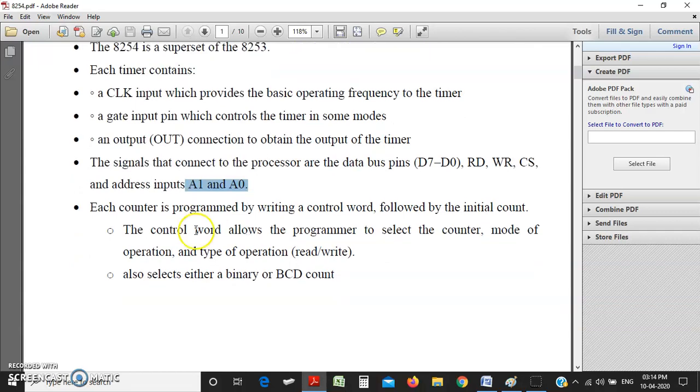And each counter can be programmed according to the control word, which is written by the microprocessor into its control register. So here the control word will tell which type of operation this timer IC will do, which counter will be selected from the 3 counters, or whether it will count in binary number system or BCD count.